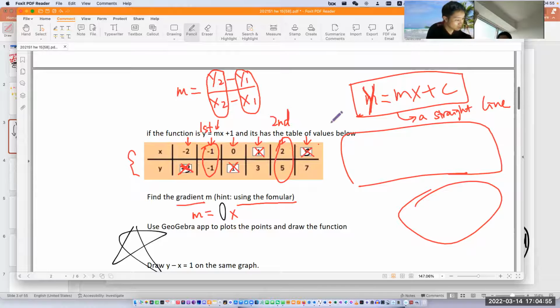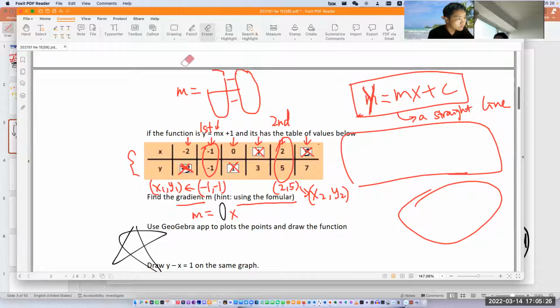So with this, the first pair is -1, comma -1. The second pair is 2 and 5. So this is your x2, y2, and this is your x1, y1. Then just replace. So y2, 5. y1, -1.